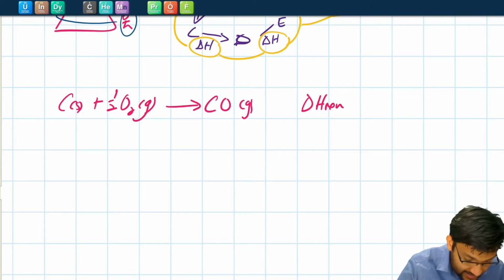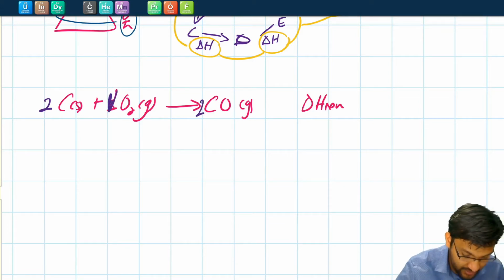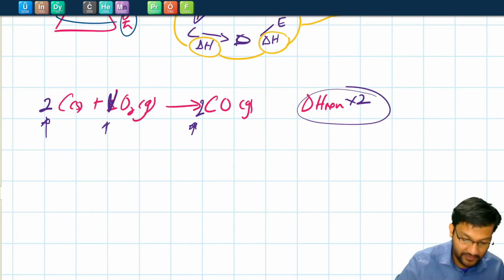If we wanted to balance this with whole numbers, then we'll have to put 2 there, 1 oxygen molecule and 2 carbon monoxide gas, and the standard enthalpy for this reaction will be just what it was before multiplied by 2. We multiply every individual mole by 2, and so we just multiply the standard enthalpy of reaction by 2.